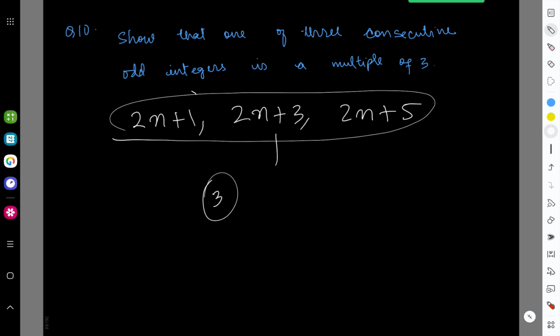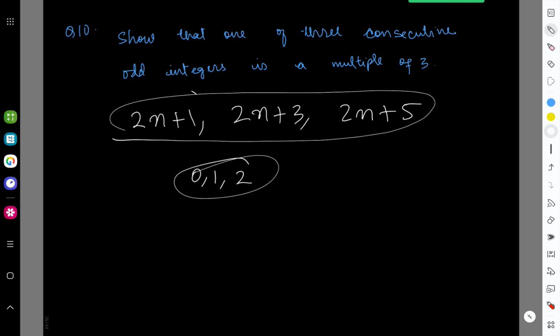Now if we divide any number by 3, that is if 3 is the divisor, then the possible values of our remainder are 0, 1 and 2. That is what Euclid's division lemma says.